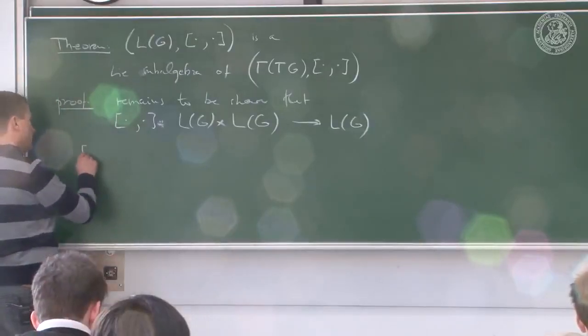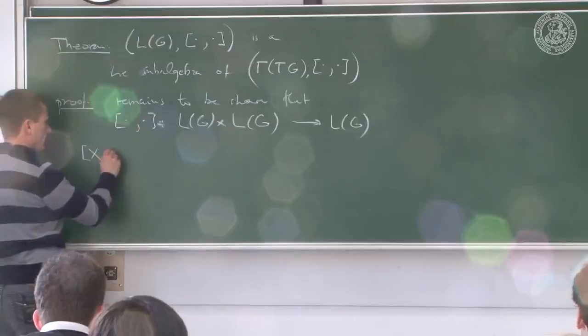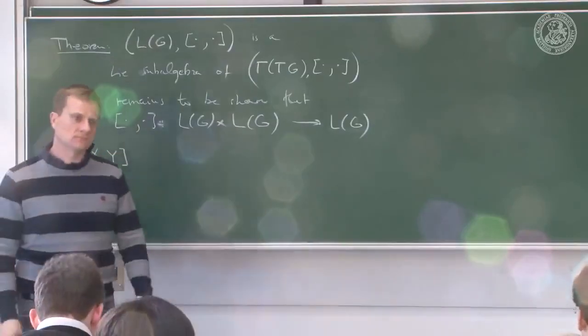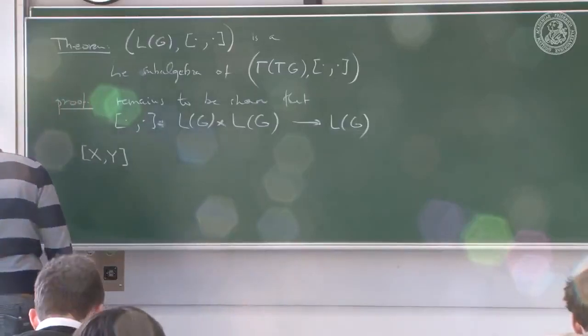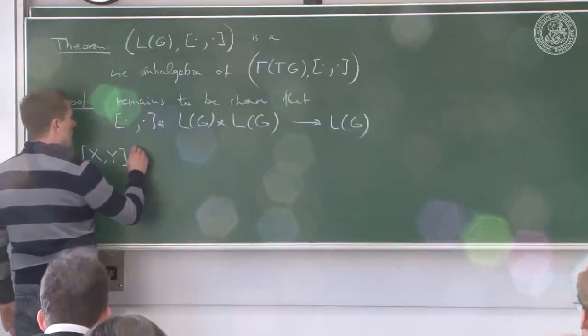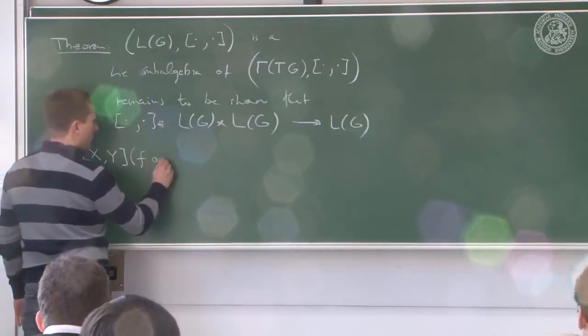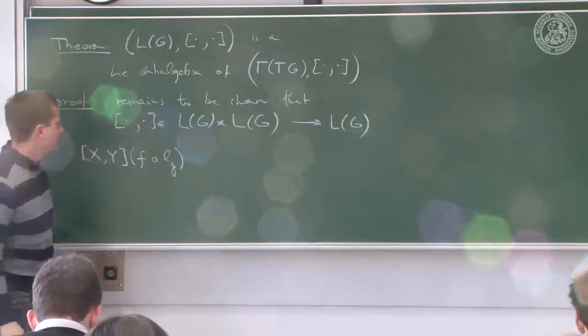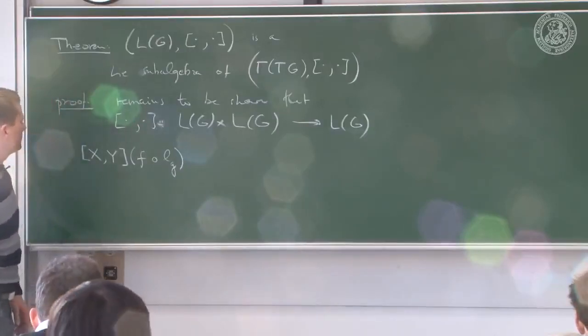Well, we take the commutator of two left invariant vector fields. Okay? Now, we let it act on the following object, f after Lg.